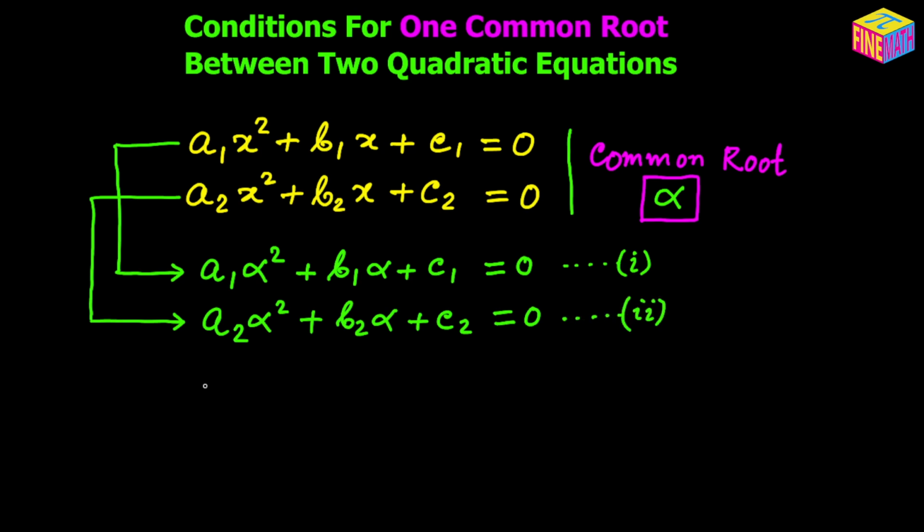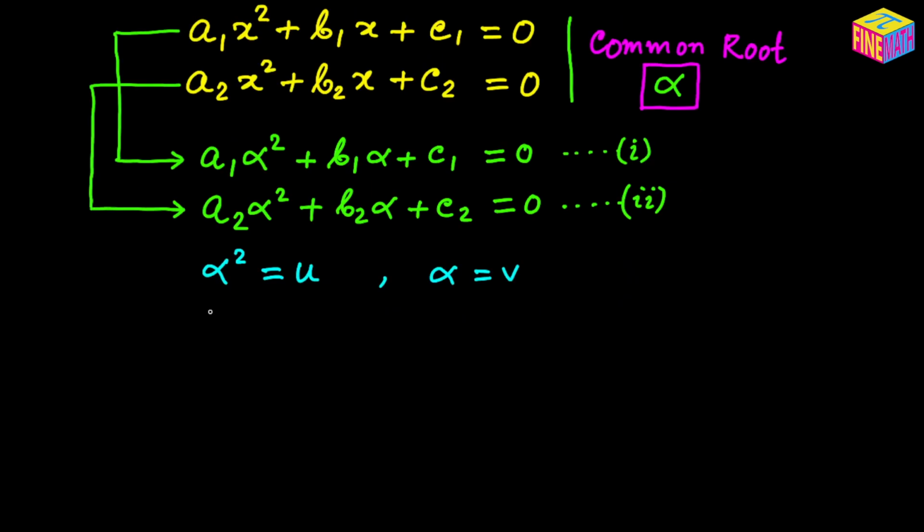Now, let's make a couple of crazy assumptions here. Suppose we say alpha squared is equal to u and alpha is equal to v. Let's assume that alpha squared is equal to u, another variable that I'm using, and alpha is equal to v. So with that assumption, we can use u in place of alpha squared and v in place of alpha.